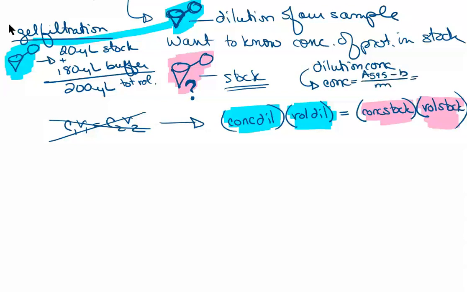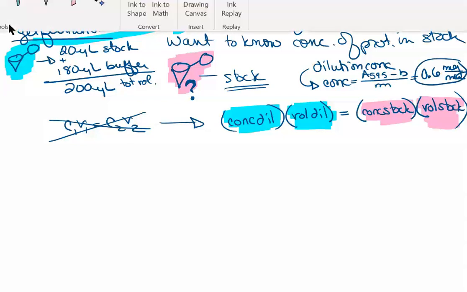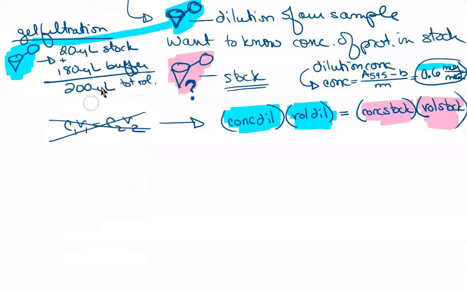Let's say that that equals 0.6 mg per mL. All right, let's say that that is the concentration in our diluted sample. Okay, so this is the same as this.